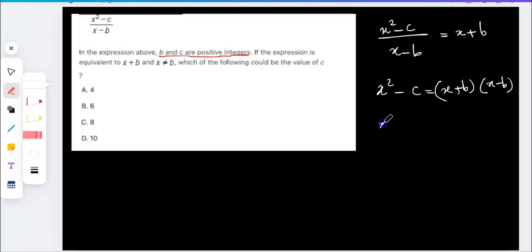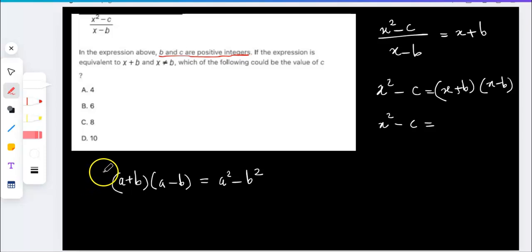You need not open it; you can use a result which is very important from the point of view of SAT: a plus b times a minus b is equal to the difference of their squares, which is a square minus b square.